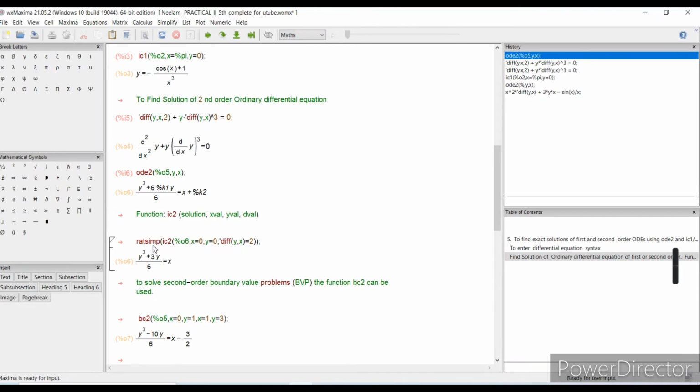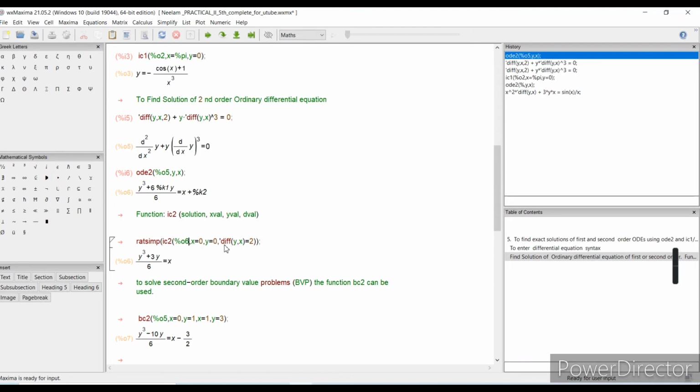The ratsimp function, you are already familiar with, simplifies your expression. This is the label of your solution, because in this expression I want to find the constants k1 and k2. Here you will write x equal to 0 and y equal to 0.